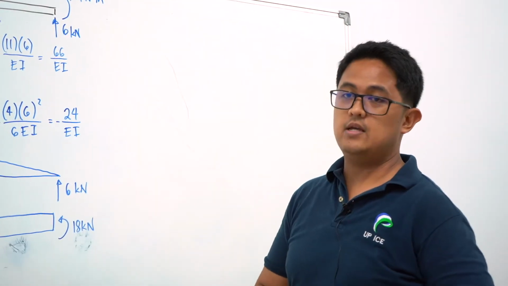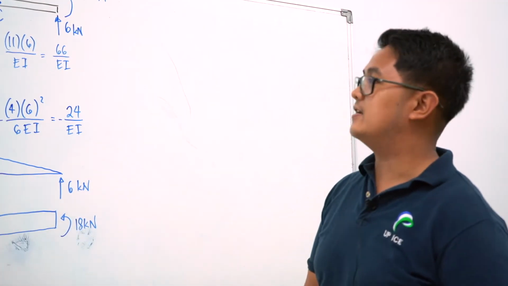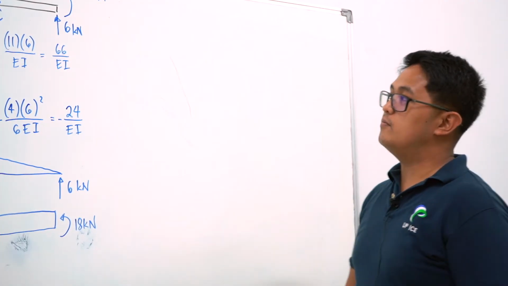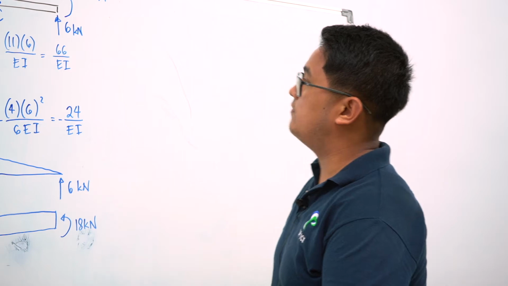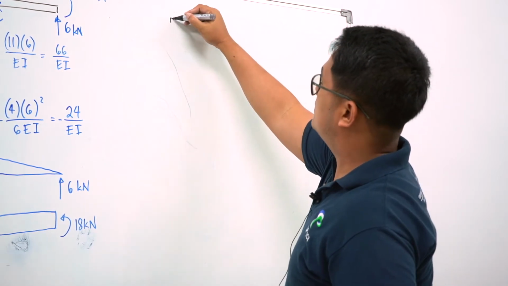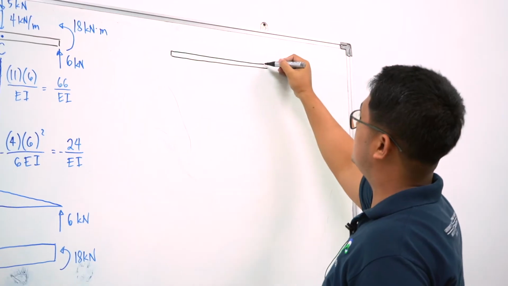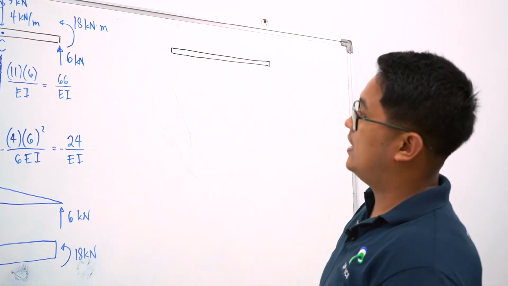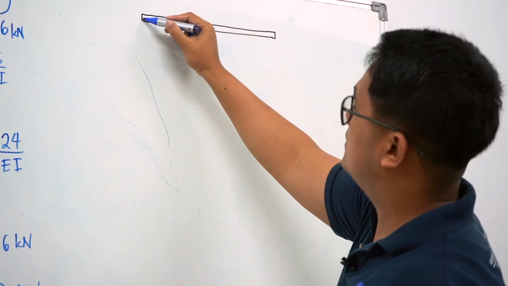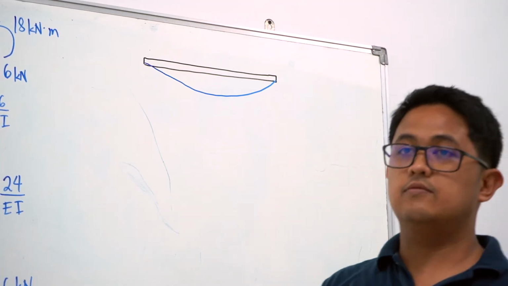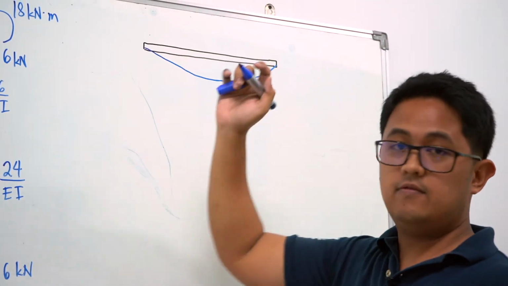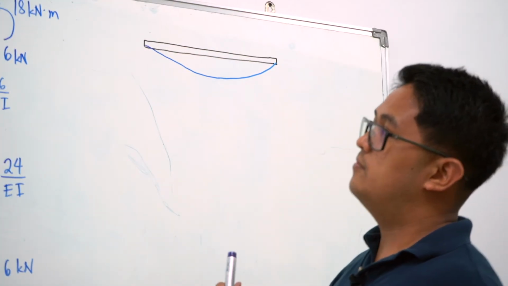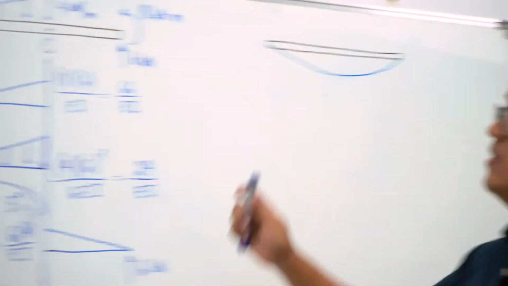moment theorems. Once we draw our moment diagram by parts, we're now ready to use the area moment theorems that we know. So first, we sketch the possible configuration of our beam because of this load. So let's say our beam will deflect this way. Okay, so this is our elastic curve, and this one is just based on our observation of what might happen to the beam because of these loads.